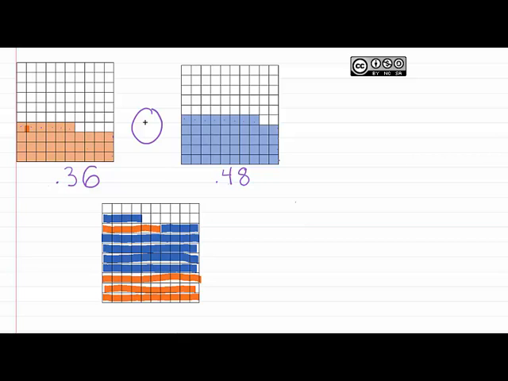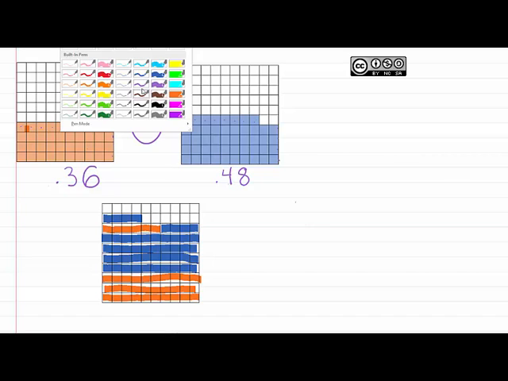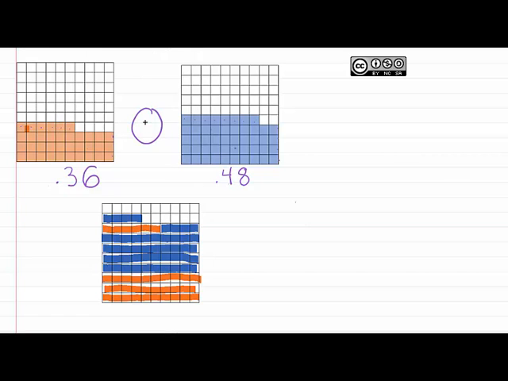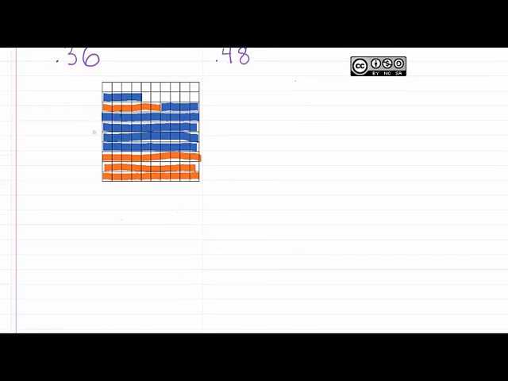Okay, so now I've gone ahead and drawn a picture of what these two look like added together. I just went ahead and took all of these rows and I drew them right next to all of these rows. And then I filled in the extra boxes for the 100ths place. So now we can go ahead and count up how many rows and how many extra little boxes are filled in this box.